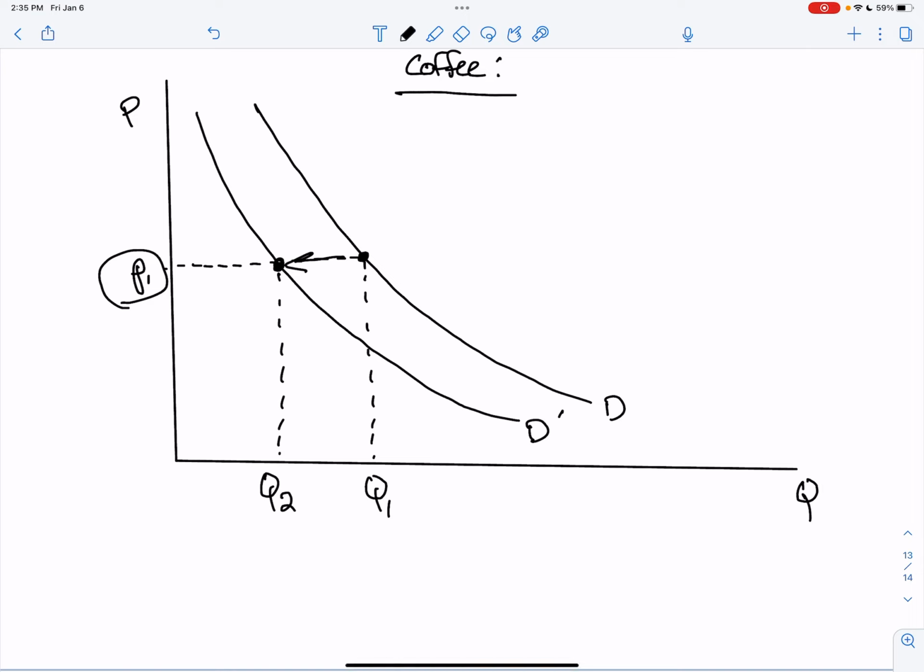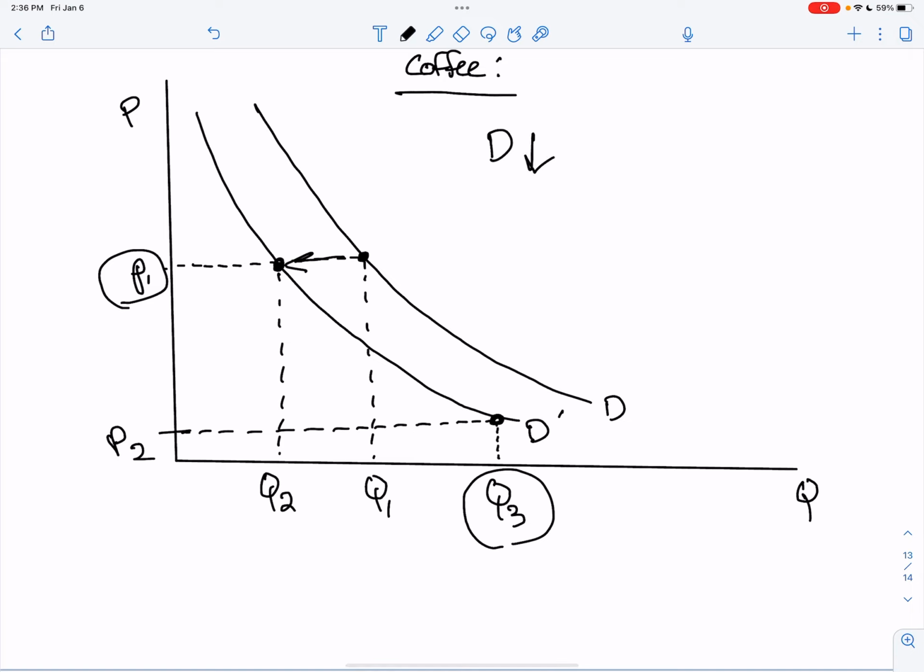But now let's say I told you that price decreased. Let's say it decreased all the way down to P2 here. Well, now the new quantity demanded is actually going to be all the way out here, Q3. So what's happened here?